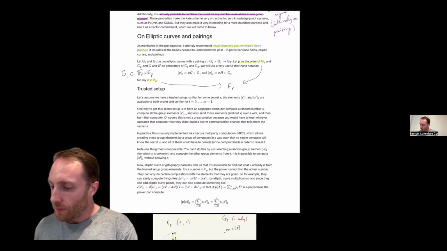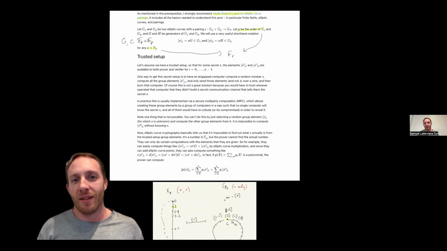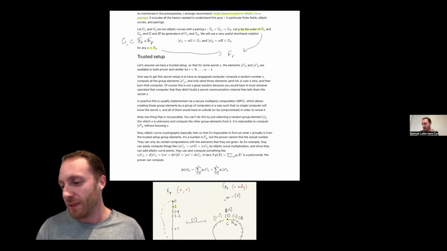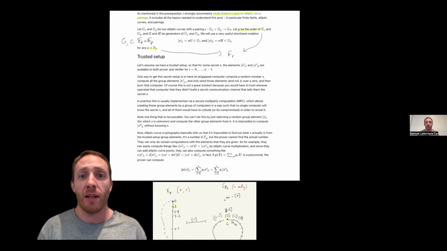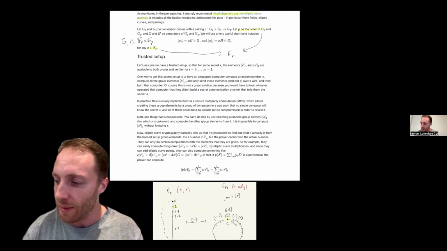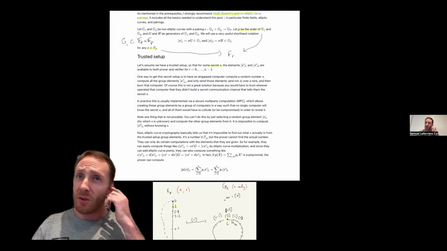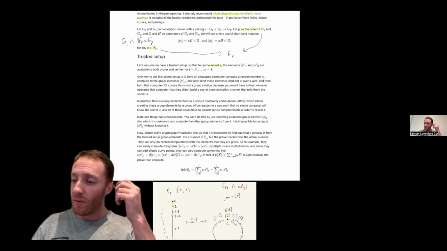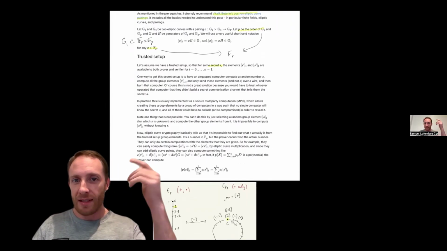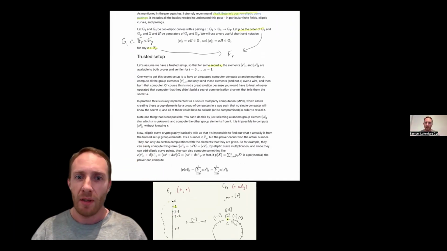Okay, so what is a trusted setup? I'm going to assume that most of you are familiar. I'm not the best person to explain how the MPC works for it, but effectively there's a secret S, which is a field element. You take this S and raise it to all powers up to some high power.